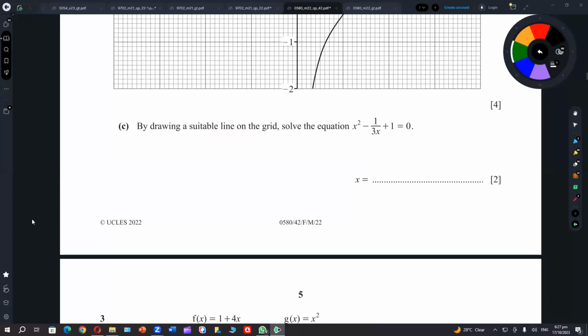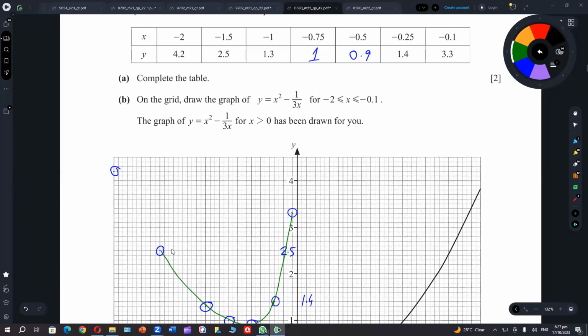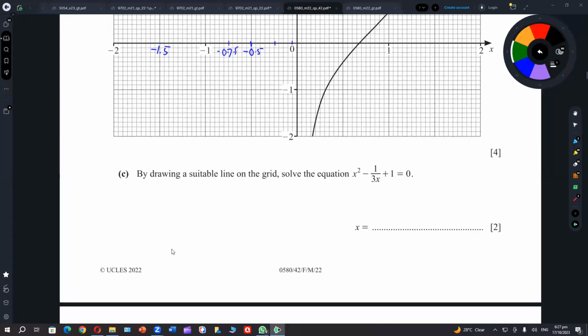By drawing a suitable line on the grid, solve the equation. This is a permanent question. X square minus 1 upon 3x. Look here: X square minus 1 upon 3x is equal to y. Look at the main question. What should I do?